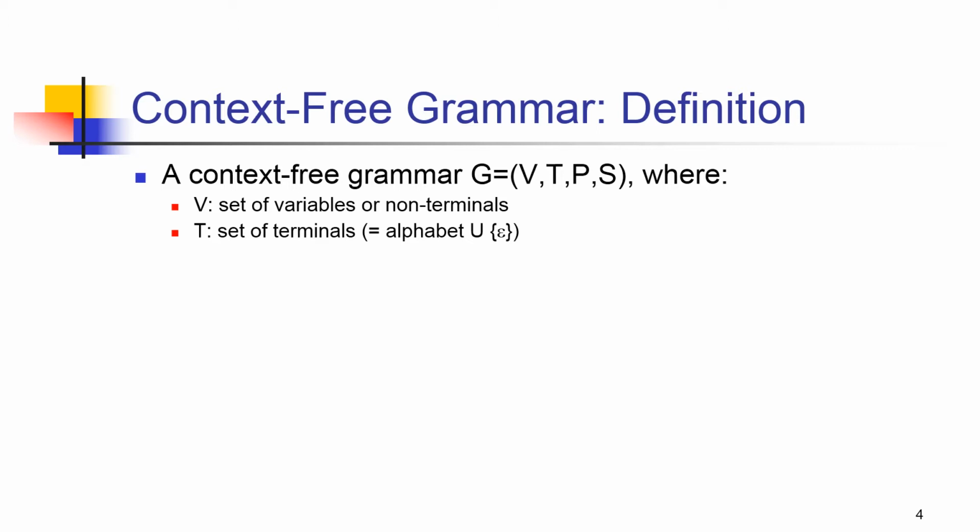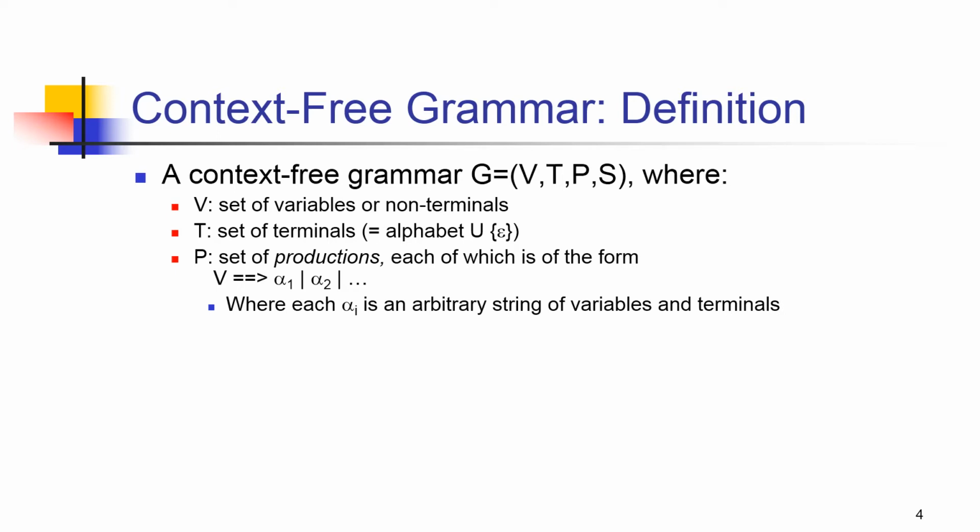T is set of terminals, which is sometimes called non-variable. Then P is production rules, which is written in terms of a variable producing lots of rules, alpha 1 or alpha 2 or and so on. Here alpha i is an arbitrary string of variables and terminals, as we have already done in our grammar. So the definition of context-free grammar becomes quite easy to understand and interpret. Now S again is a start symbol.